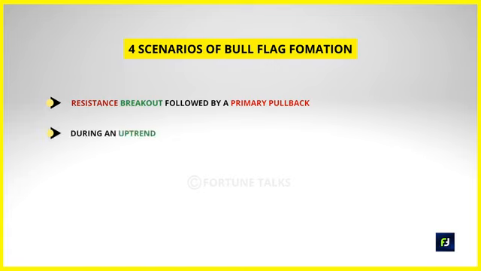The second scenario is when the flag formation occurs during an uptrending market which further signals a trend continuation. The third scenario is when bull flags occur inside a range market, and the final case is when the bull flag occurs in a downtrend signaling a trend reversal. Now the entry, target and stop loss criteria are the same for all these cases, so I won't be discussing them individually for each case.